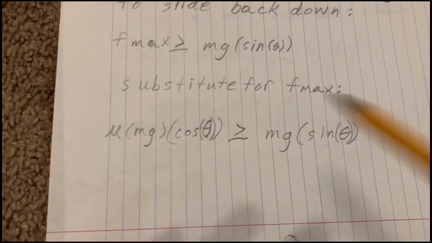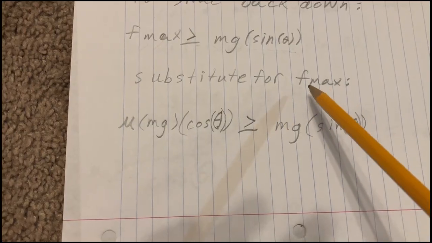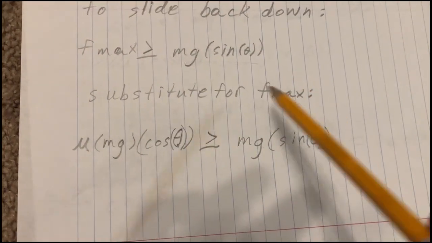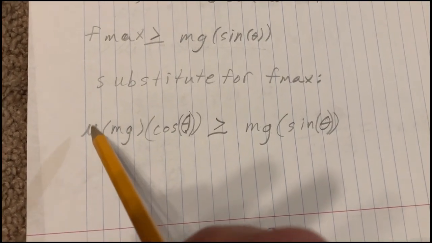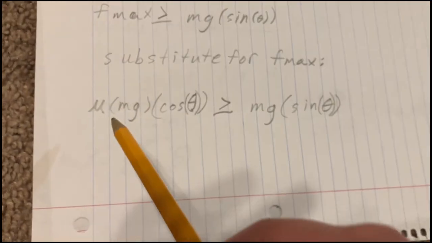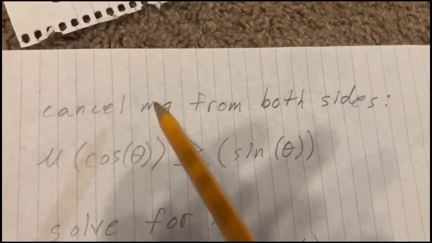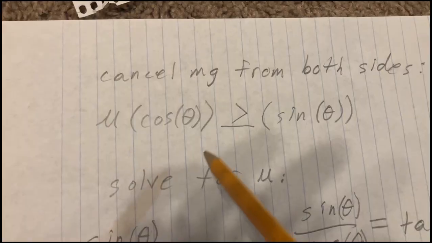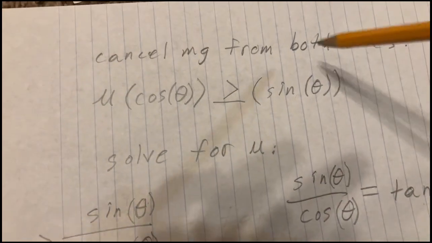Now what we have to do is substitute for the force of friction. So we put the frictional force in here, which we learned is mu times the normal force. And now we have to solve. So we'll cancel the force of gravity from both sides. Then we're left with mu times cosine of theta is greater than or equal to sine of theta.